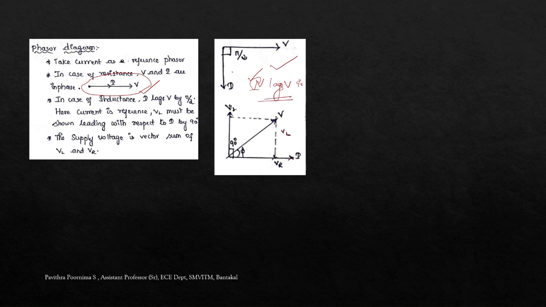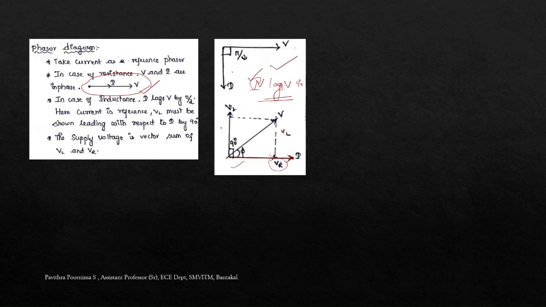So what is the combination? The resistor and inductance combination gives this phasor diagram. We are considering the current as the reference here, because in a series circuit the current is the same across the resistor and inductor. As we know, in the resistor, voltage and current are in phase, so VR, the voltage across the resistor, is taken along this reference itself.